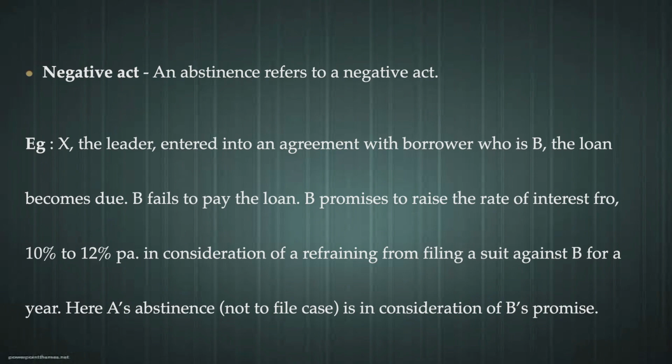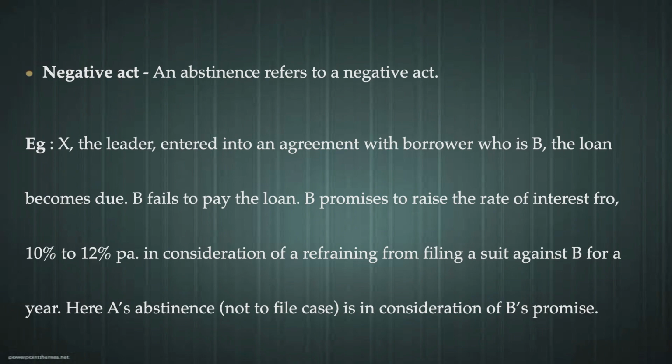Give me 1 year's time. I will not pay 10%, but I will increase it to 12%. Okay, I will pay a little bit extra amount to you with 1 year's time, provided X will not file a case against B in the court of law.